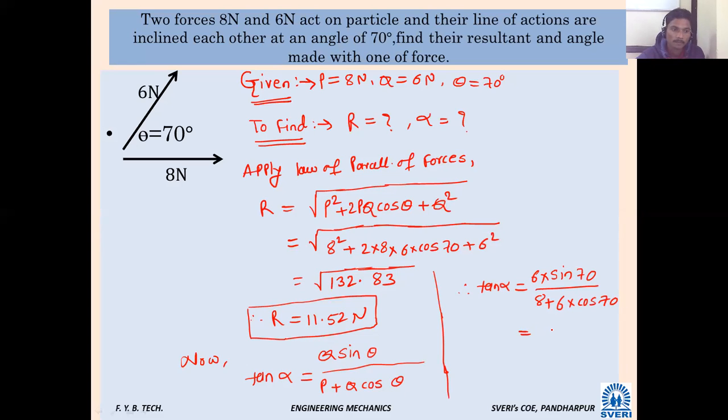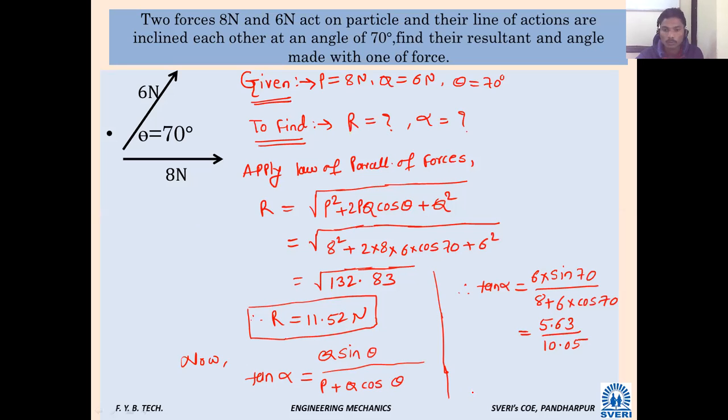Anyone? Value of numerator 6 sin 70. 5.63. And denominator 10.05.